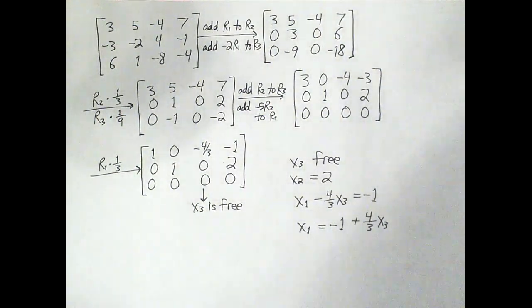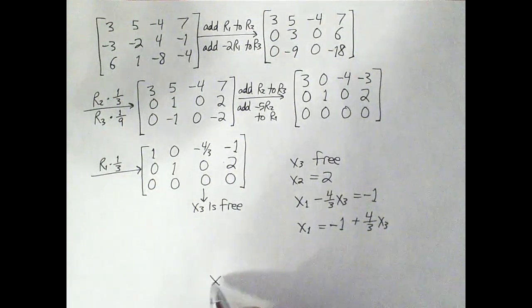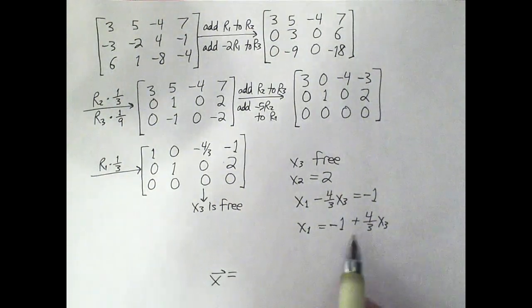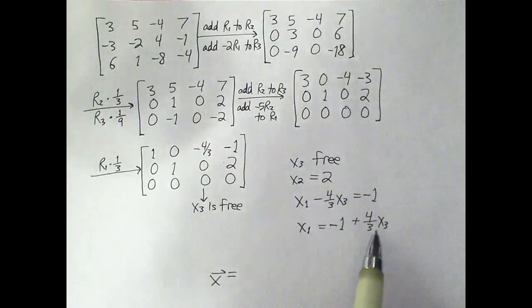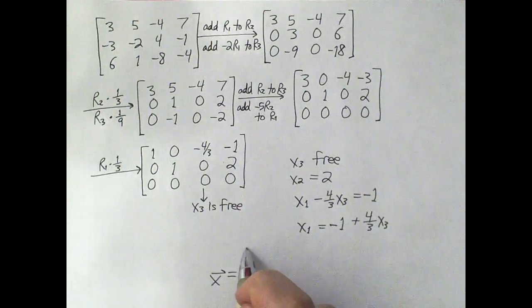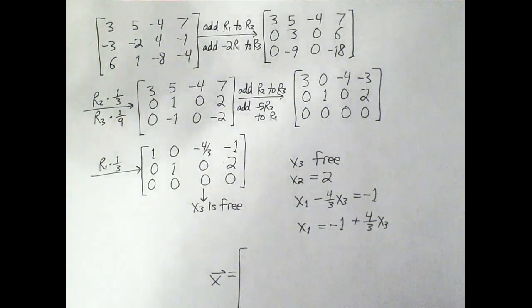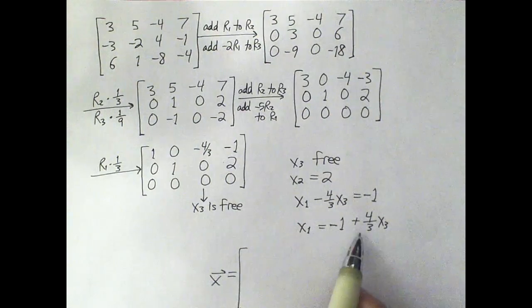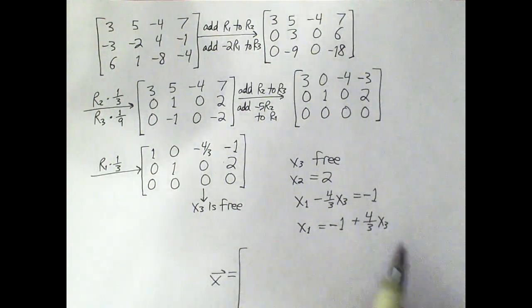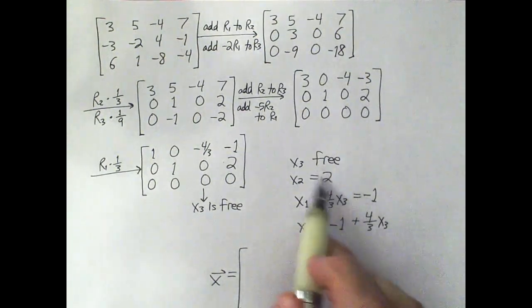So, we kind of found x1, x2, x3. We would like this to be in parametric vector form. In this case, I think we have one free variable, but there's also some other stuff. I wasn't planning to do this originally, but maybe something that could help you is to copy what you have for x1, x2, and x3.